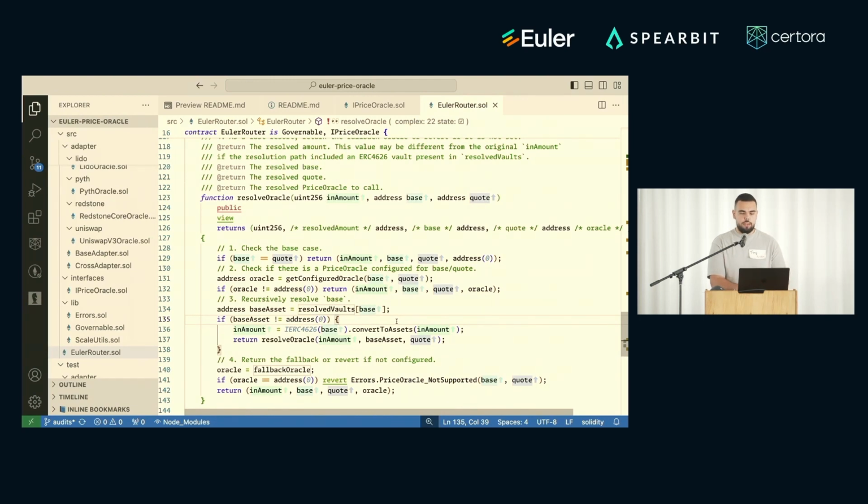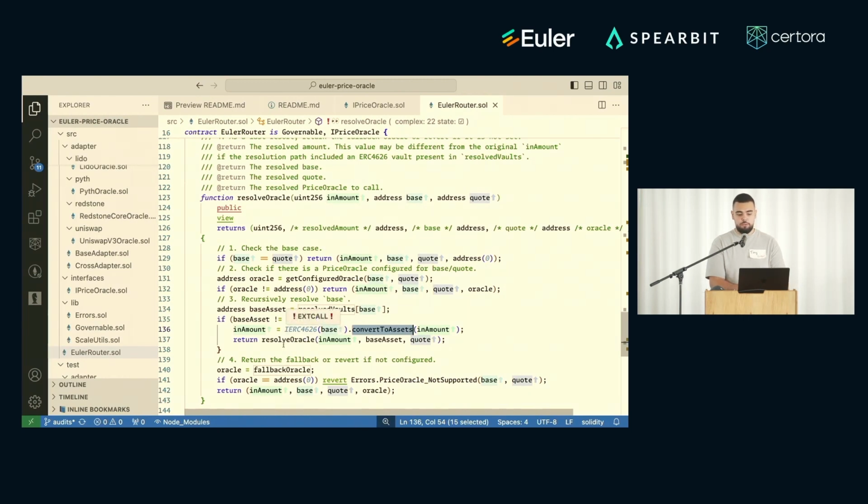The EVK will be calling the price oracle with a vault as the first argument, the base, and the router will hit this check and call convertToAssets for the in amount and substitute the vault asset in the resolution logic, and begin from step one.